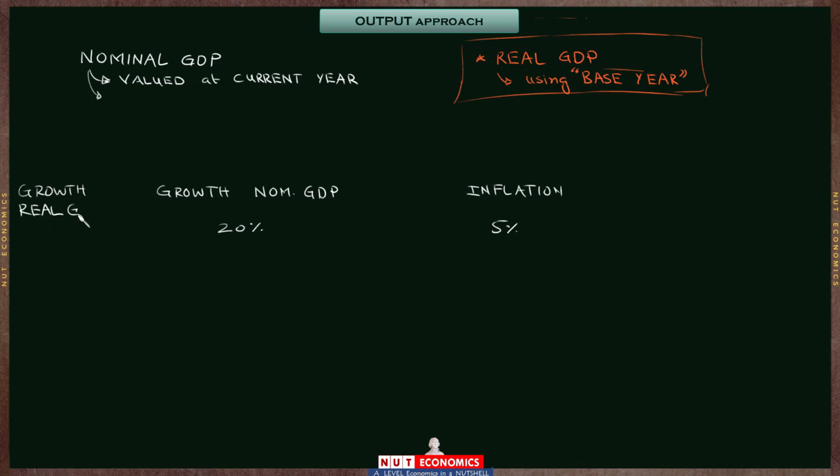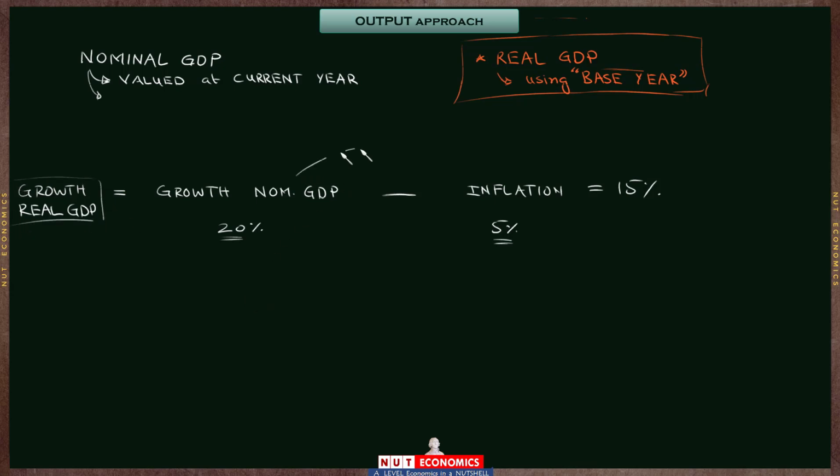Again, I don't want to go into details, but just memorize this: if your nominal GDP is growing by 20%, whereas inflation is 5%, then it is simple to see that out of this entire growth of 20, 5 is because of inflation, and the rest of it, 15%, will be your rate of growth of real GDP.